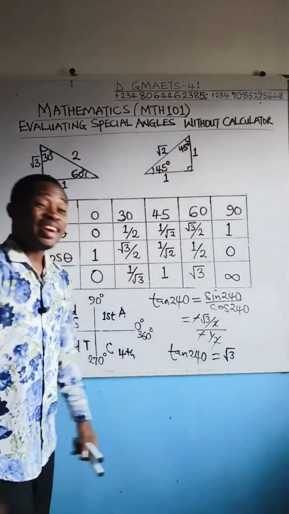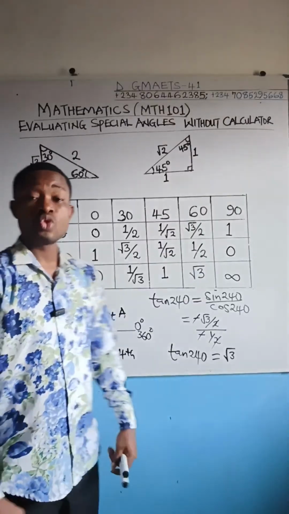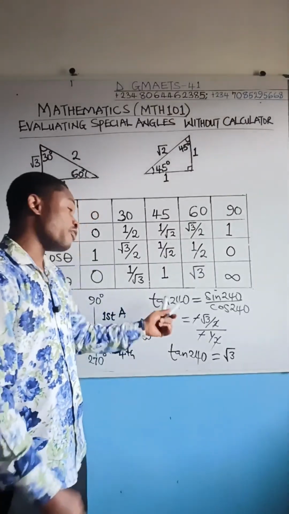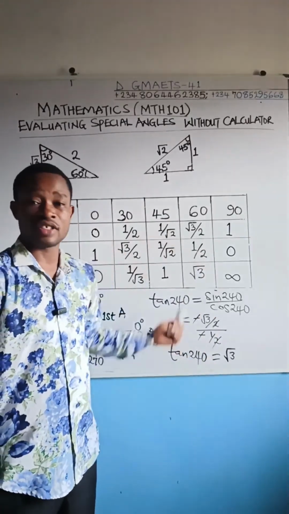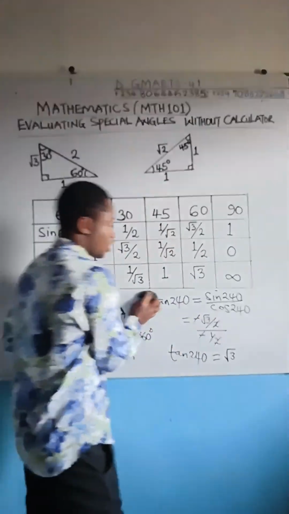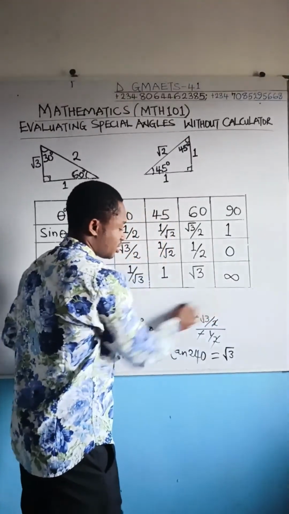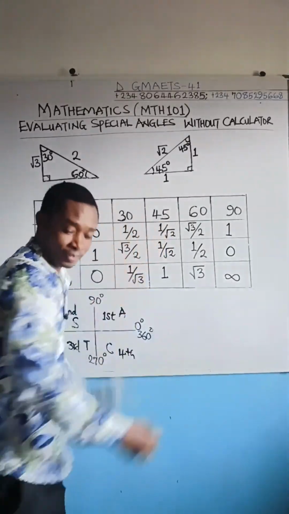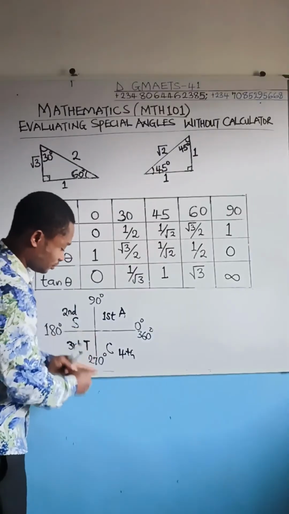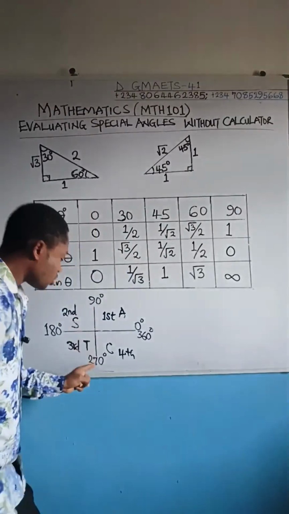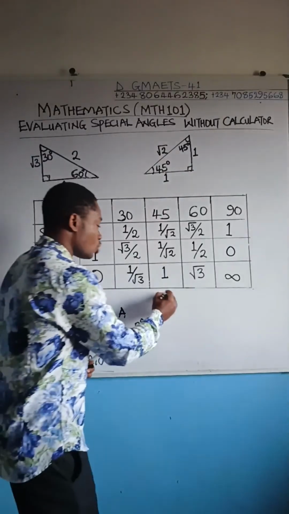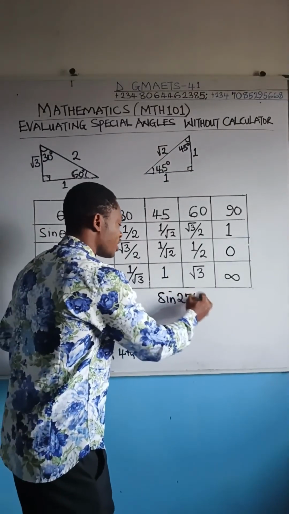Now let us move on to the next special angle, which is 270. After 240 as the special angle, the next special angle is generated by adding 30 to 240. And of course, that will land us on the next vertical axis, the negative y-axis here. Without wasting time, on the vertical axis 270, we are trying to obtain sine 270.